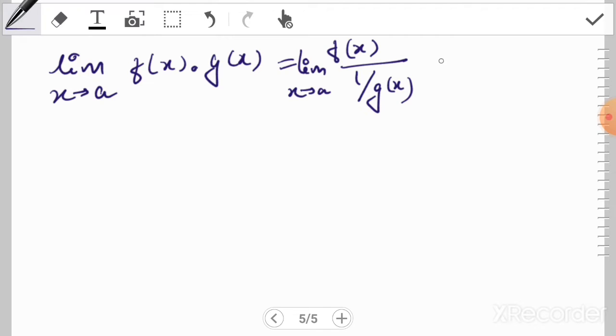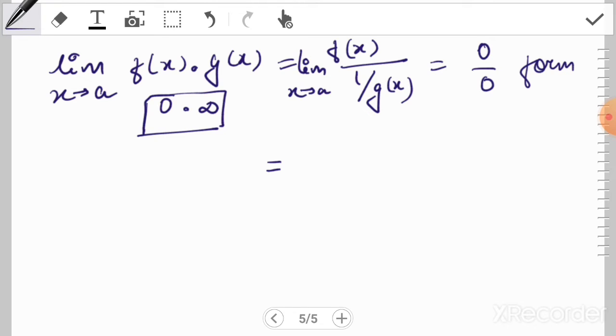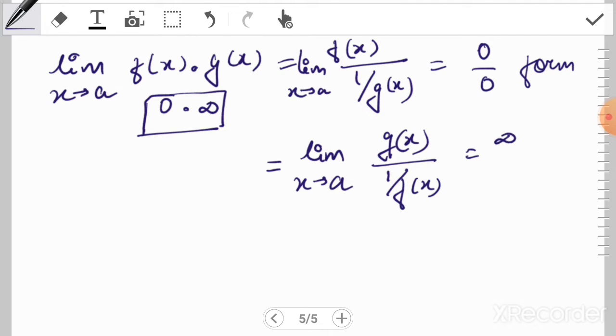Or, if the limit becomes 0 into infinity, you can convert this to infinity by infinity form, like g(x) by 1 by f(x), so this is infinity by infinity form. So now you can use L'Hospital's rule.